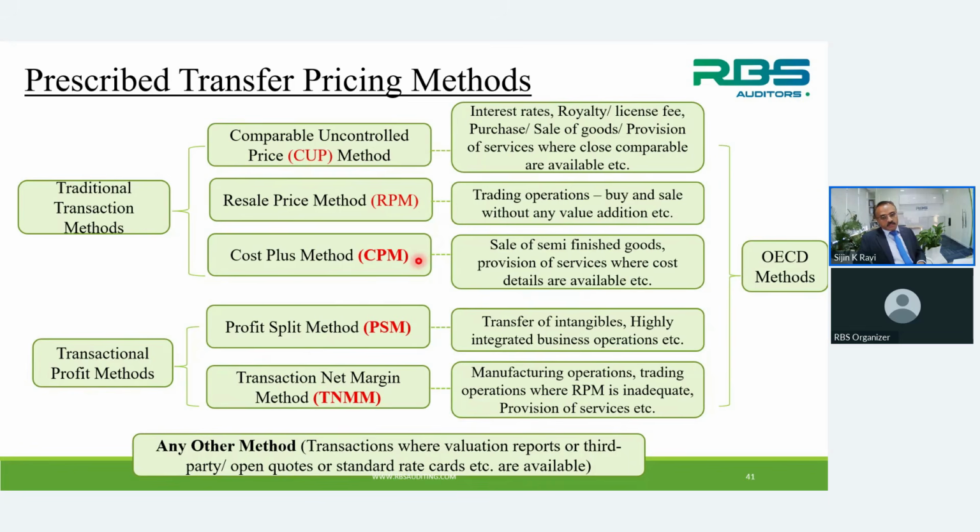The profit split method is basically for intangibles. The transactional net margin method is used for manufacturing operations, trading operations where RPM is inadequate, and provision of services. For any other method, the taxpayer has to demonstrate how that method is used.